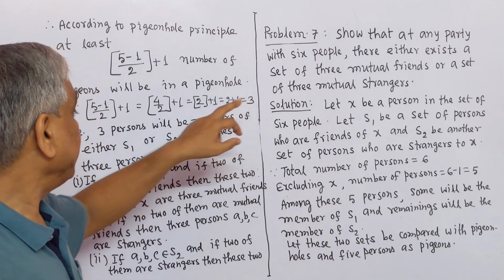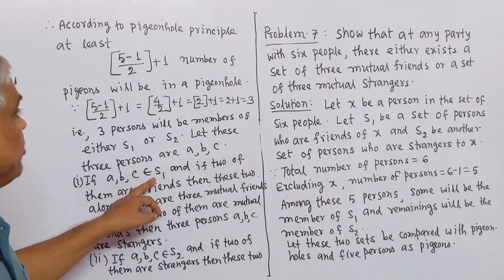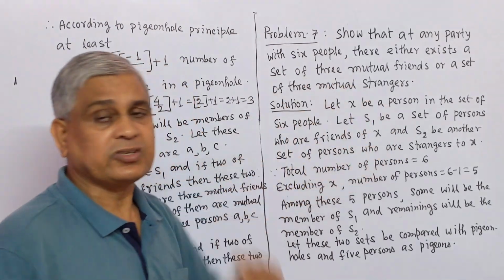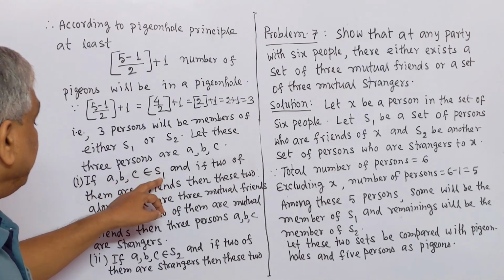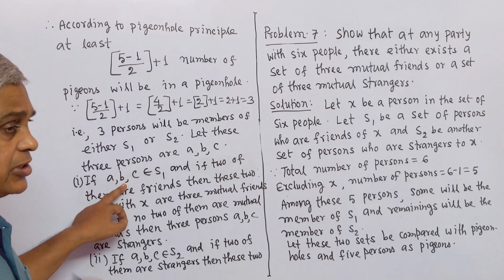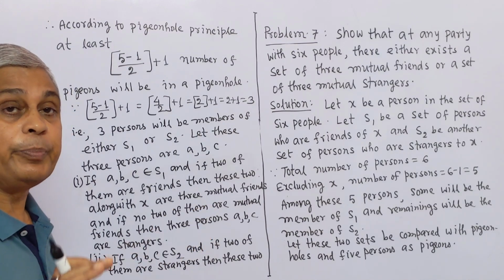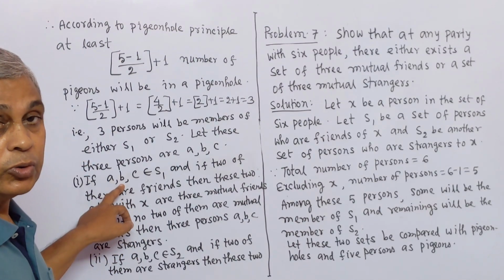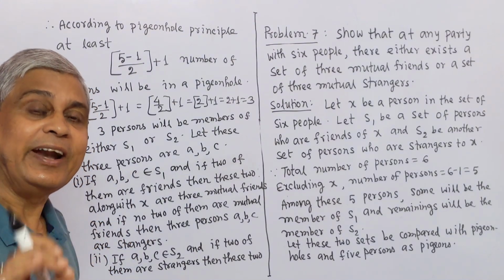Let these persons be A, B, C. Case 1: if A, B, C belong to S1, since S1 be the set of persons who are friends of X, and if 2 of them are friends, for example A and B are friends, since the members of S1 be friends of X, here A and B are friends and these 2 along with X, that is 3 persons, will be friends.